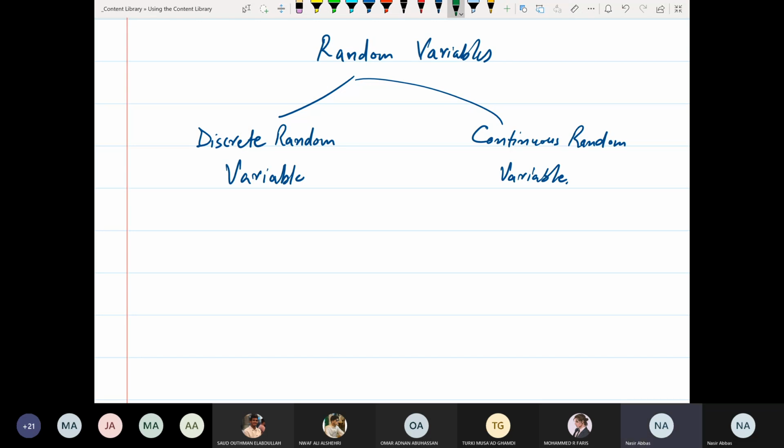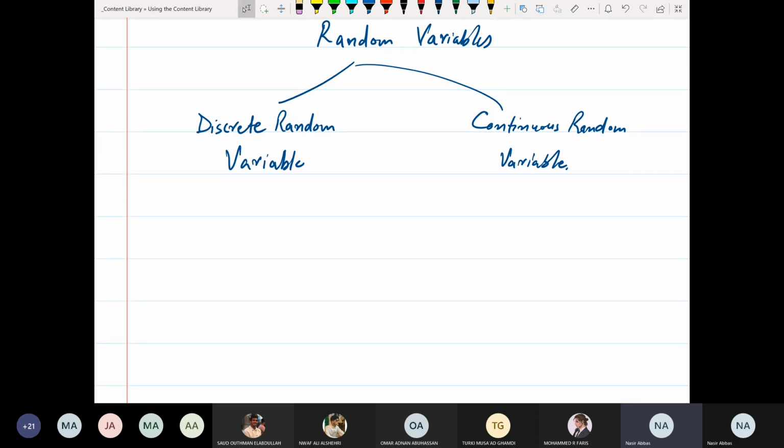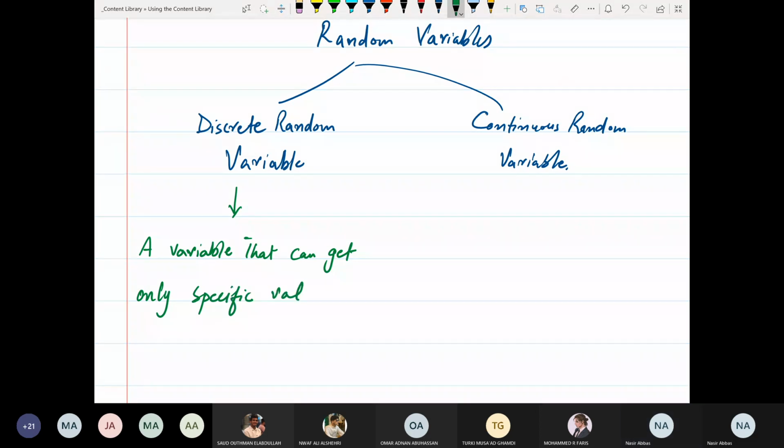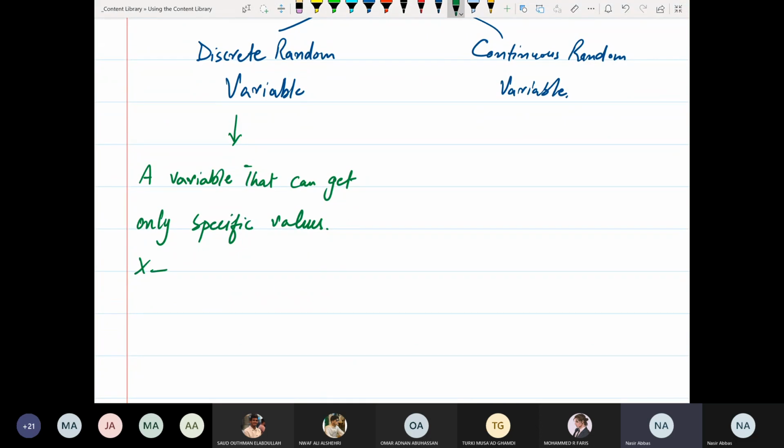So this general definition will make it less confusing. A discrete random variable is a random variable that can get only specific values. For example, the one I defined, X, number of defectives.